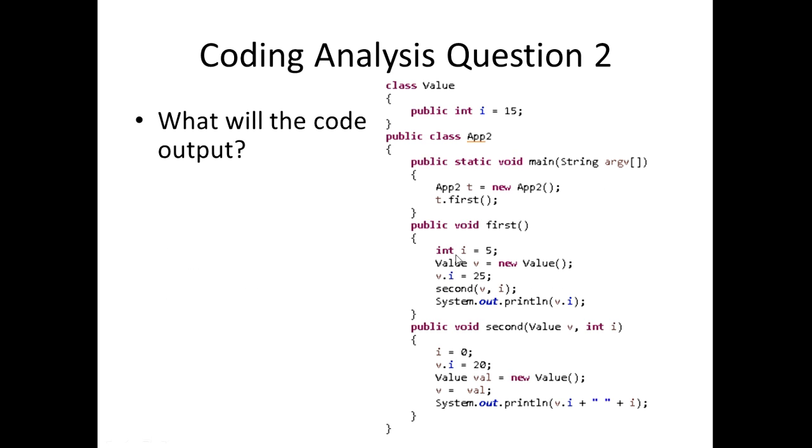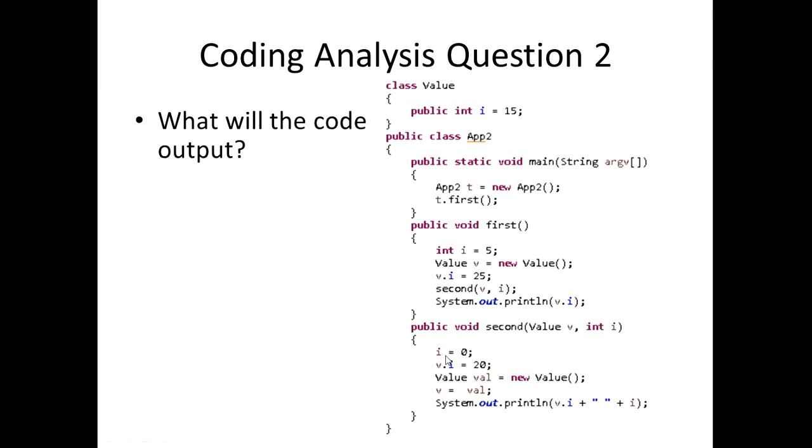All right, so let's go back to the code. We're here at second(v, i), and when we pass in v to this method, v is going to be passed here, and then if we pass in i, we know the i that's being passed in is going to be 5. So we have v here, and obviously we have this i, which was originally 5.